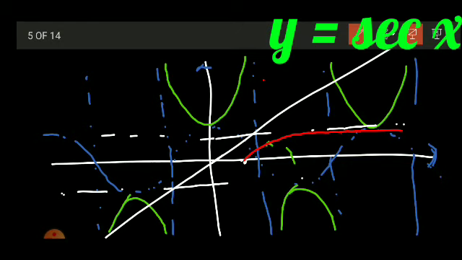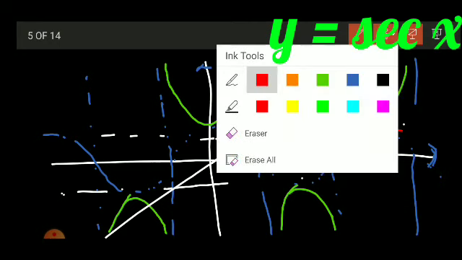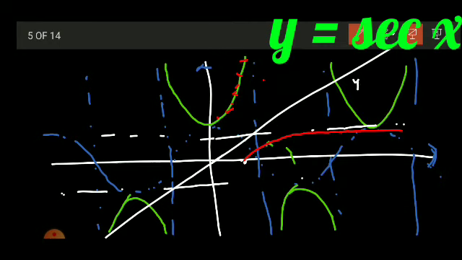This is the image of this portion where I am shading the green part with the red dots. This is the mirror image of this with the line y equal to x. I have not written the y equal to x line. Let me write the y equal to x line, which is the mirror line, and this red part is the mirror image of this green portion.